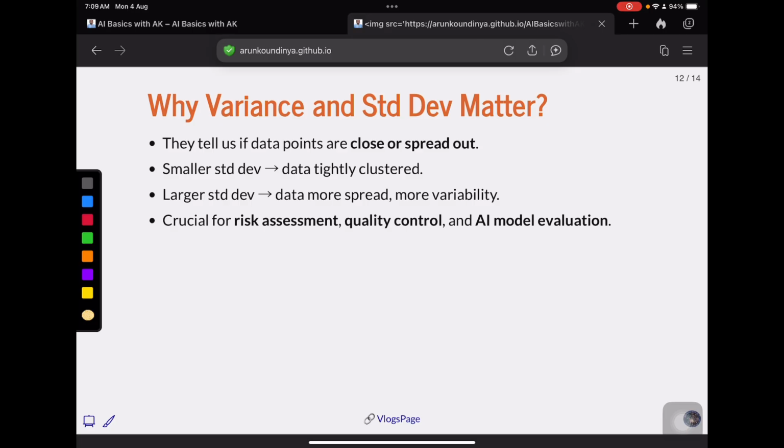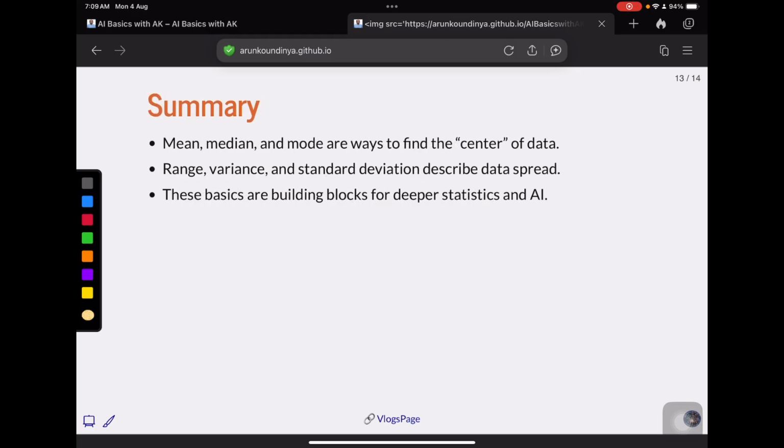You can go through these slides once more. Mean, median, mode always lie at the center of the data, so that's why it is called central tendency. And the range, variance and standard deviation describe the spread. Together these describe how the data is behaving from the center.